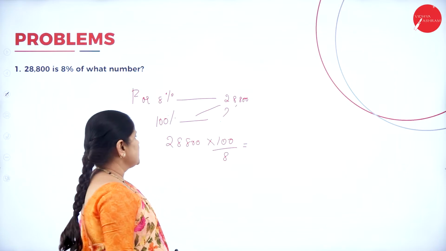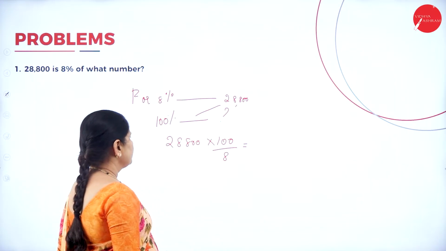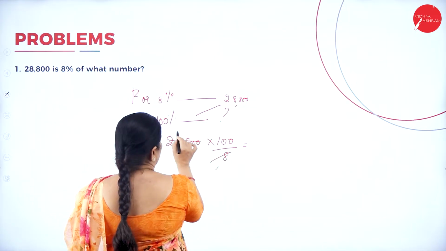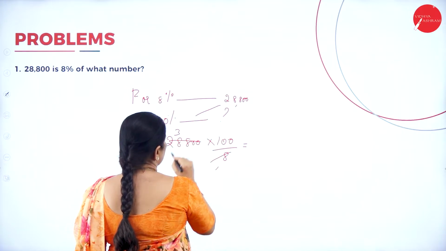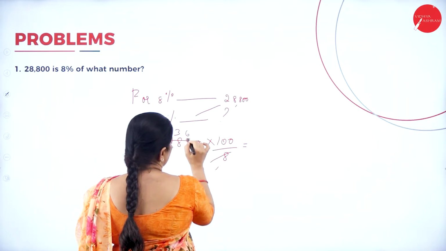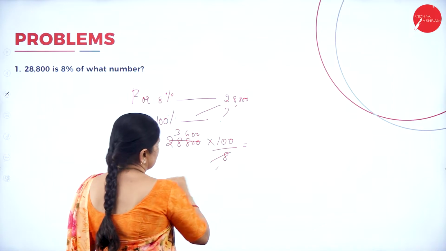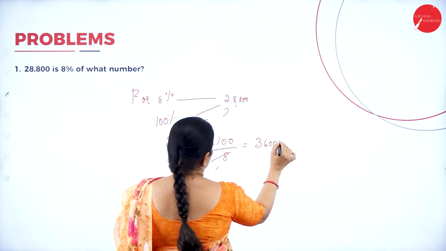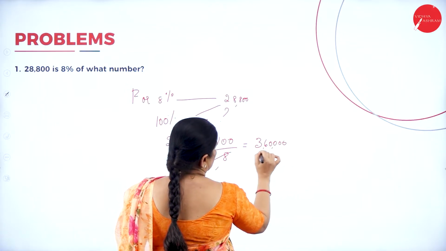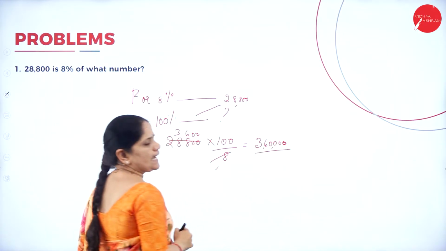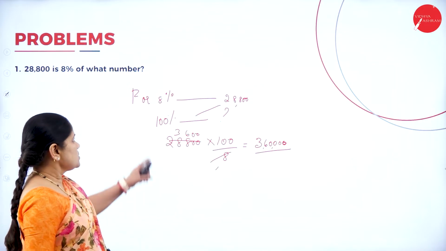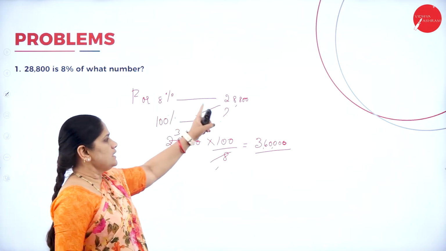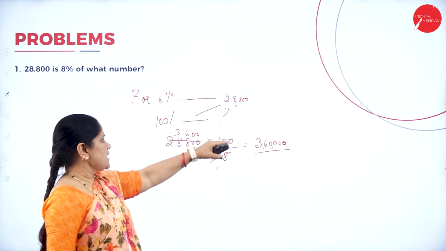So, when you simplify this, 8 3s are 24, 8 6s are 48. So, this comes up to 3,60,000.